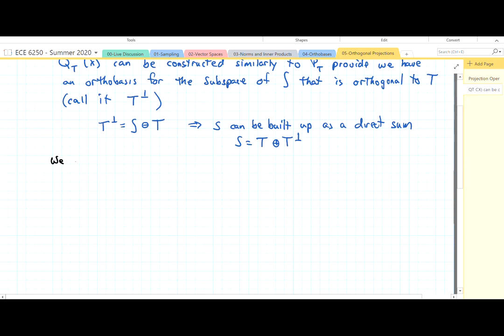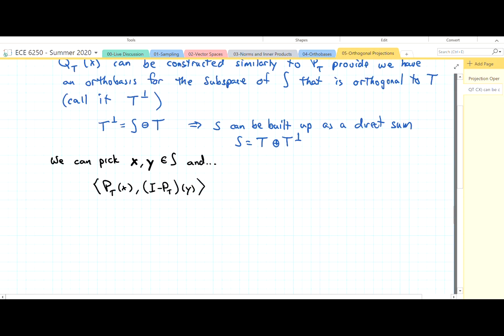We can pick any x and y in S and use these projections. We get Pt of x with I minus Pt of y.